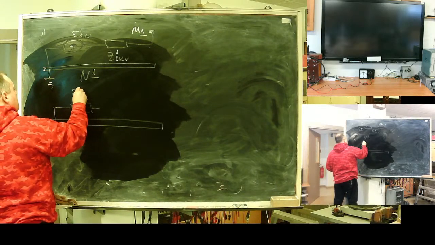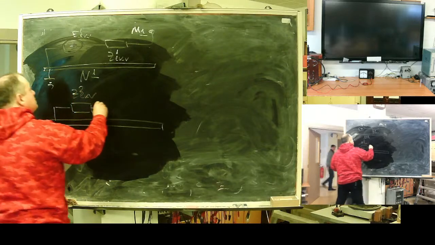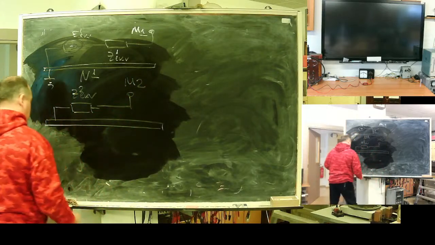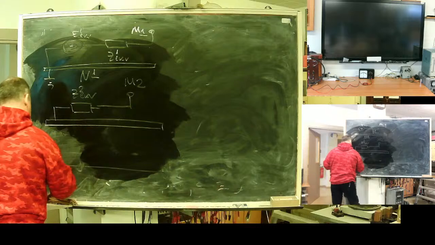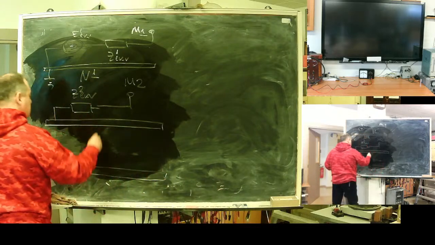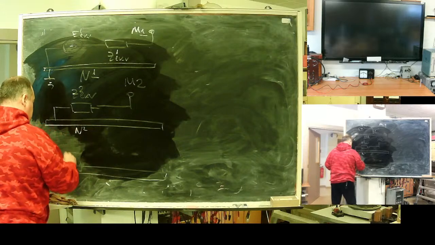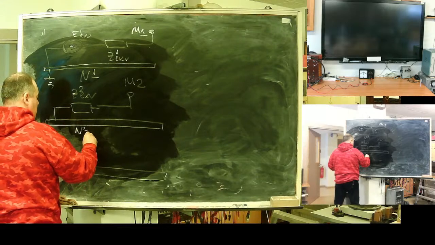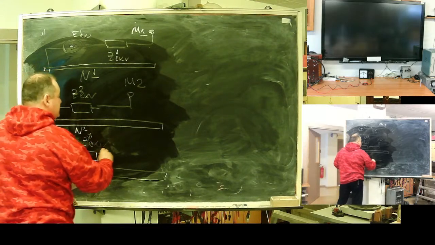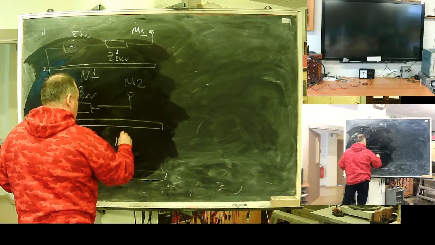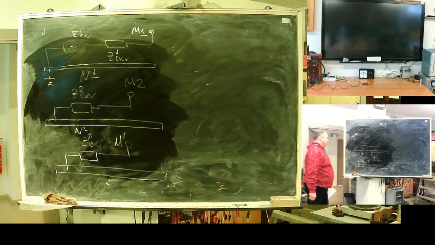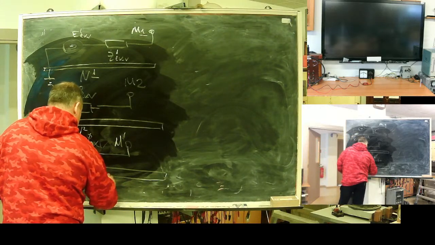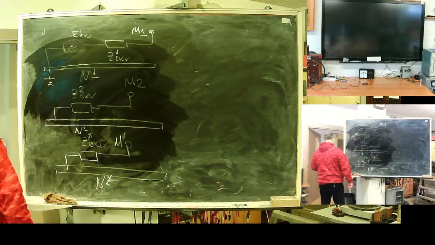Equivalent resistance of negative sequence and attachment point for negative sequence. And this is the common bus for negative. Here will be the equivalent resistance for the zero sequence and the attachment point for zero sequence. Common wire for zero sequence.